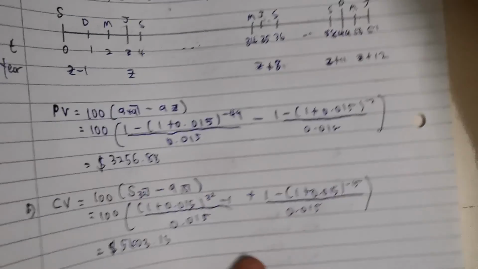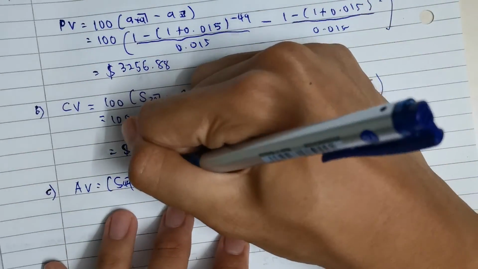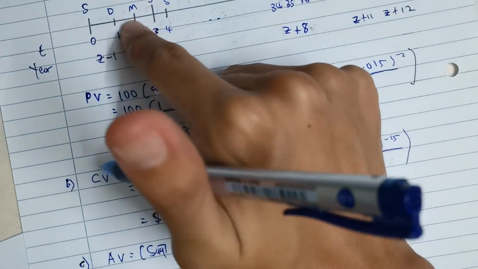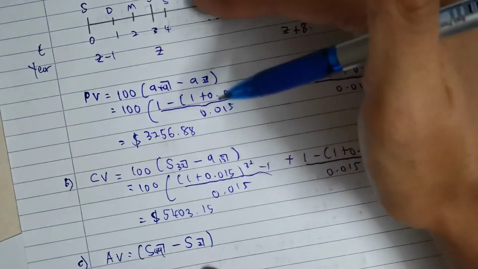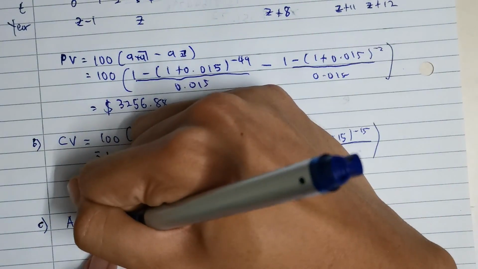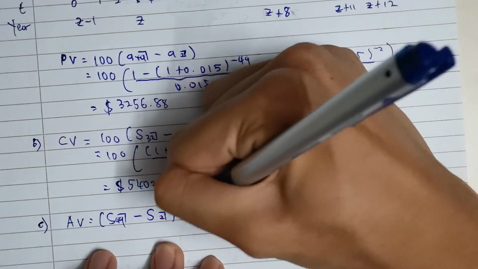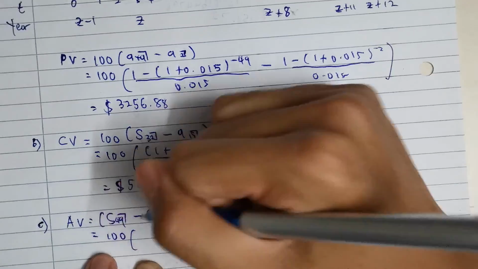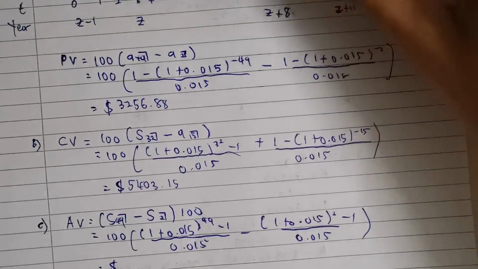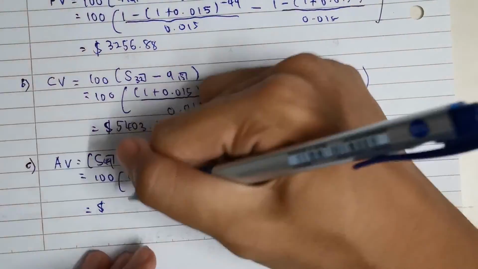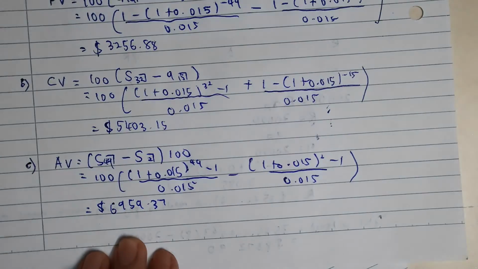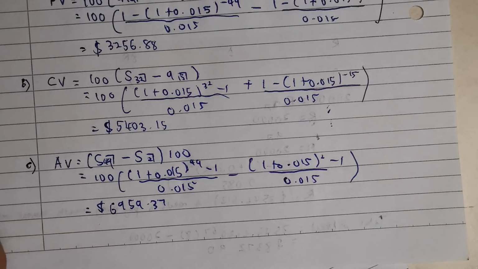So S angle 49 minus S angle 2. S angle 2 is where we don't have payment here. Or 100 at front, I forgot that. Okay, as usual, we will compute the formula. So the answer is 6959.37. Okay, that is for question 12.